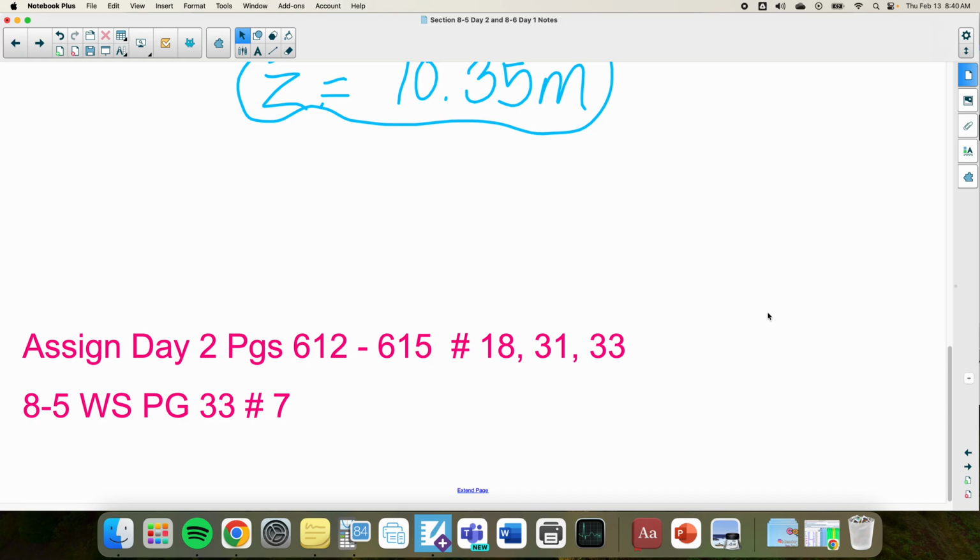You're going to go to page 33 and just do number 7. I believe that's the same worksheet you guys worked on from yesterday. So you only go to the worksheet that has page 33 on the bottom and do number 7, and then you have these 4 problems, or these 3 also in the book. And once you copy that, then I'll show you what you're going to do on the other section.